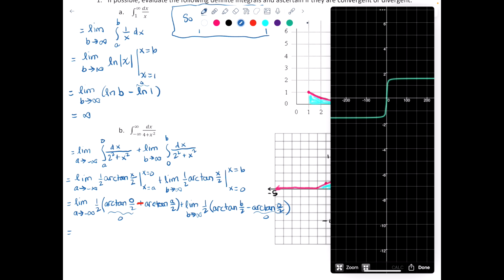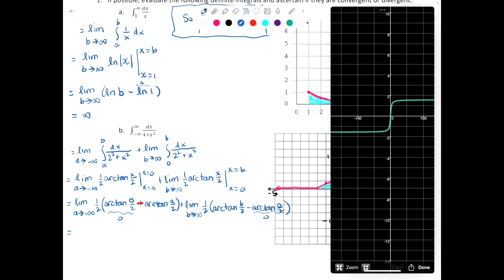Notice as you go infinitely to the left, what output are you approaching? Do you remember the bounds for your inverse tangent function? Excellent.